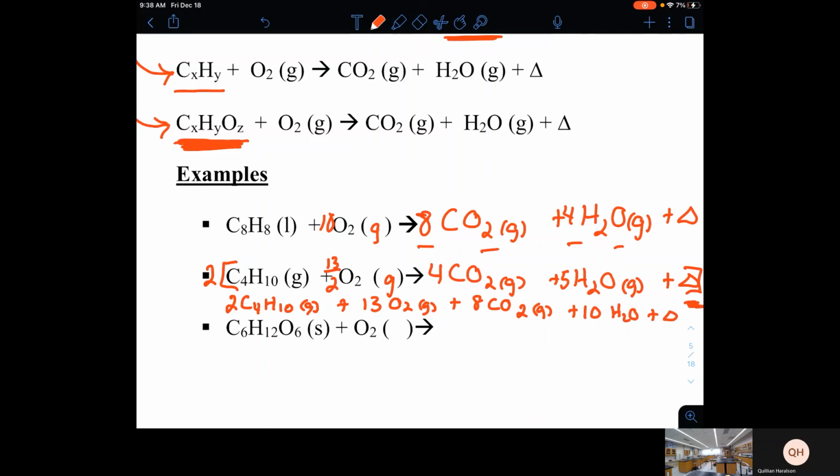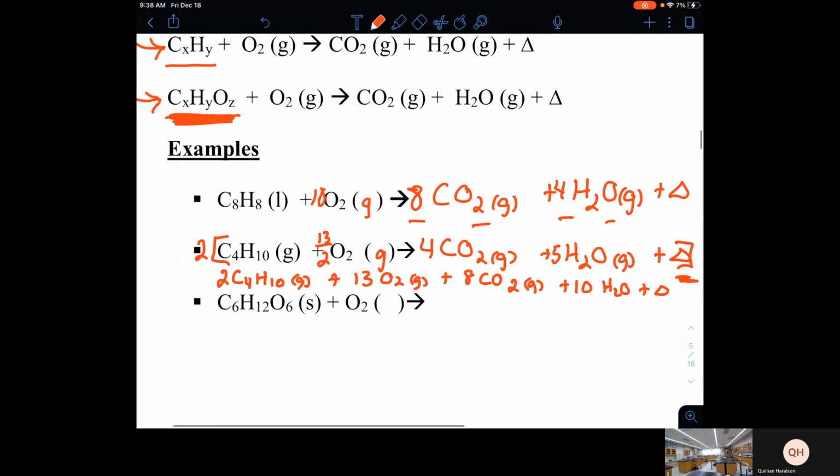For the next reaction, I see a hydrocarbon plus oxygen. So I'm going to really quickly just write down here CO2 gas plus H2O gas plus delta. Oxygen happens to be a gas. If I balance this out, it looks like I got 6 carbons, 12 hydrogens, so put a 6 here.